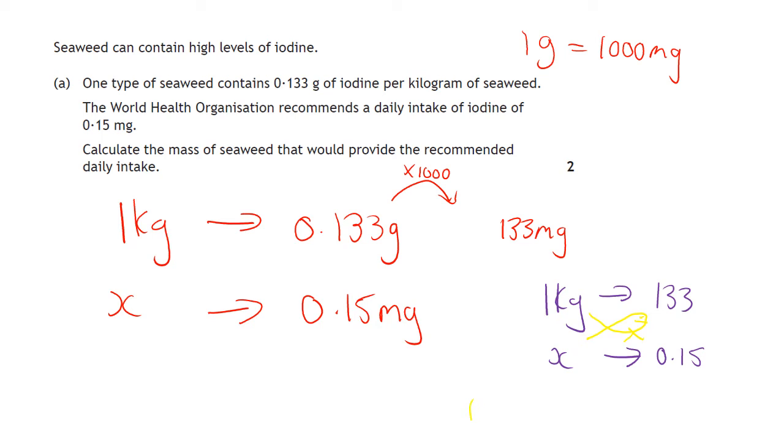Might change colour of pen. 1. We get to our bow tie, which means multiply, which gets us 0.15. And then we reach the mouth and eye, which are a divide sign. We divide by 133. And if we put that into our calculator, we end up with quite a small number.